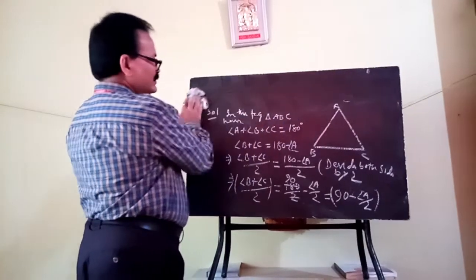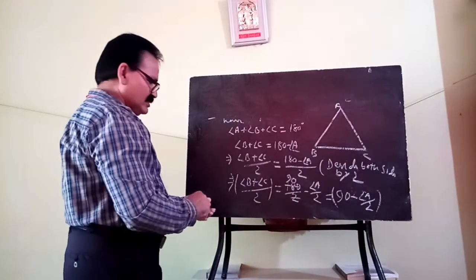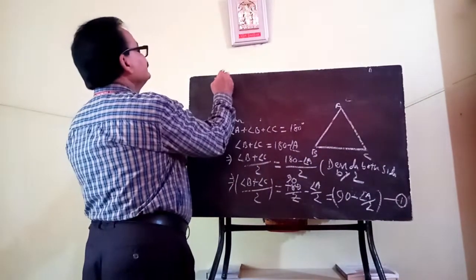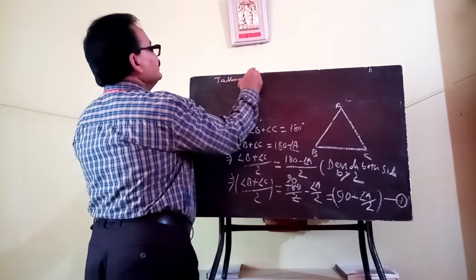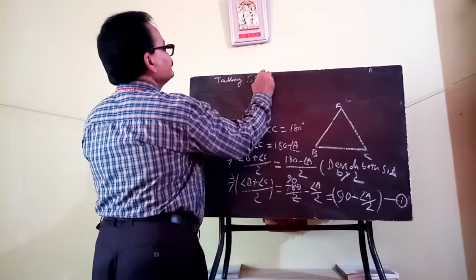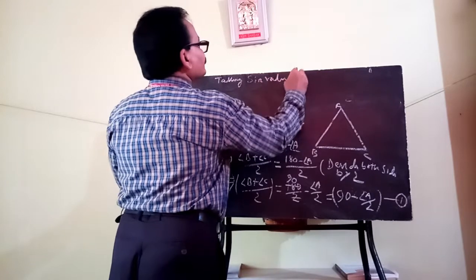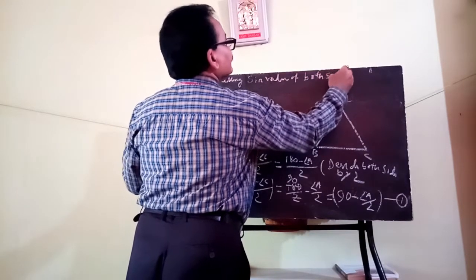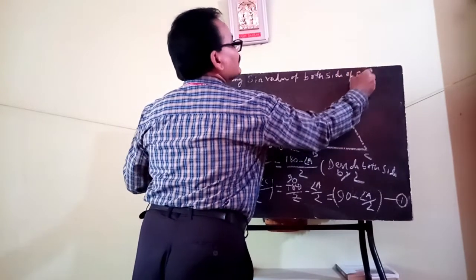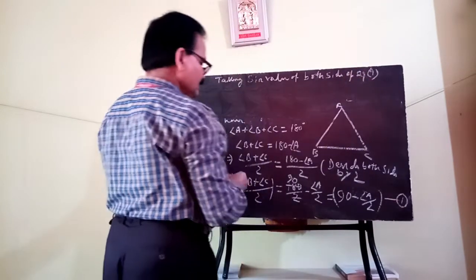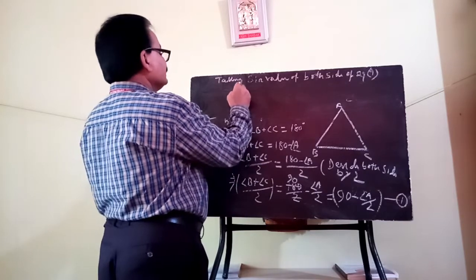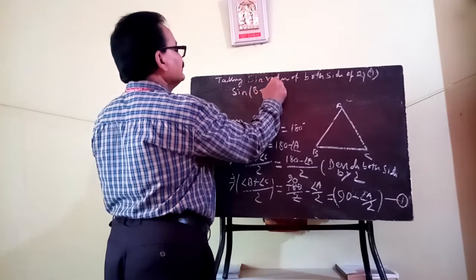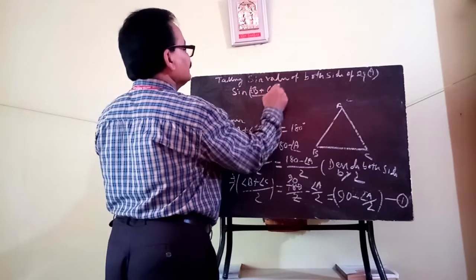Now you consider this as your equation 1. Now taking sine value of both sides of equation 1. You see, this is sin of (angle B plus angle C) by 2.